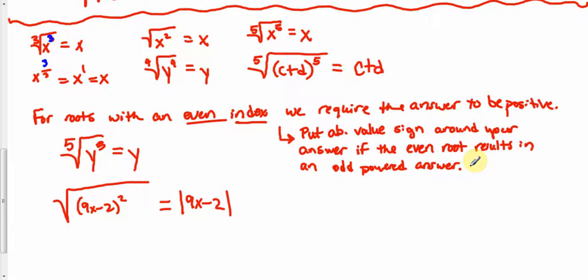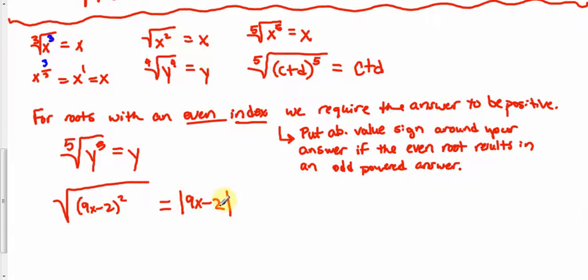So only if, you see how this was an even root of something. Don't even worry about the power in here. But the power on the answer was 9x minus 2 to the first, and the 1 is an odd number, so you need to put bars around it. So if you had gotten 9x minus 2 to the 6th, you would not need to put bars around it because it's even, and that takes care of it undoing any negative possibilities.